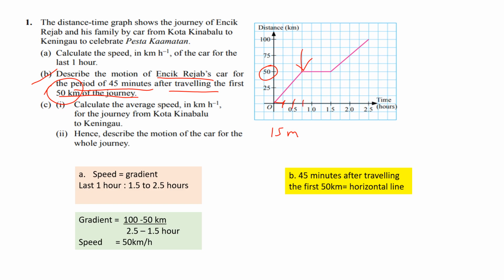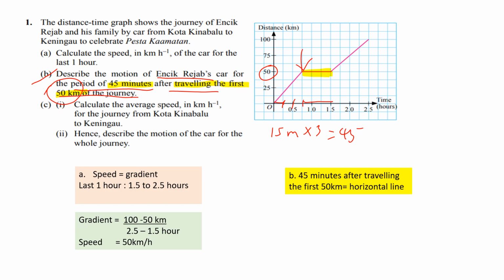So for this one, it is actually 15 minutes times 3, it is 45 minutes. So the graph is here, the graph is here for the period of 45 minutes after traveling the first 50 kilometers.